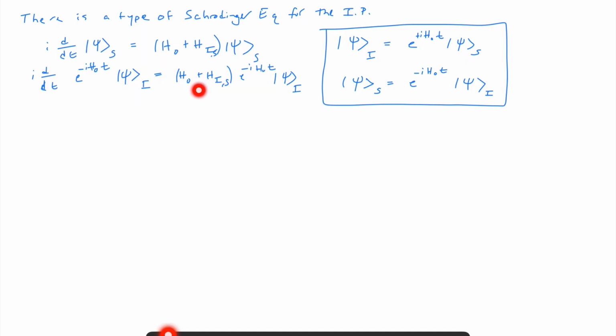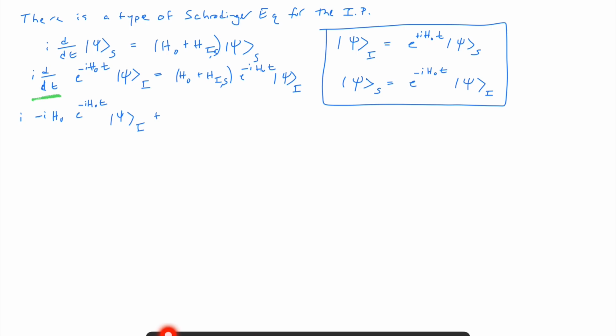I keep the H naught plus H_I, S, and I'm assuming that my original interaction is given in the standard way in the Schrödinger picture, which would make sense. That's what we were thinking is the true way of doing things, and the perturbations will be defined that way, at least to start with. So I wrote this subscript S, and then this thing over here I just rewrote again using the same formula.